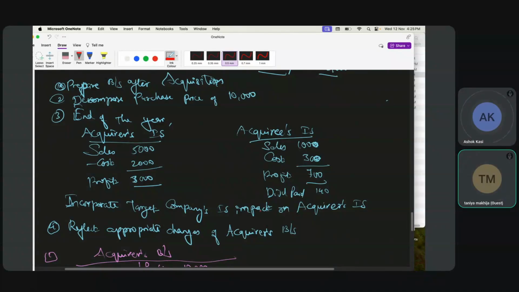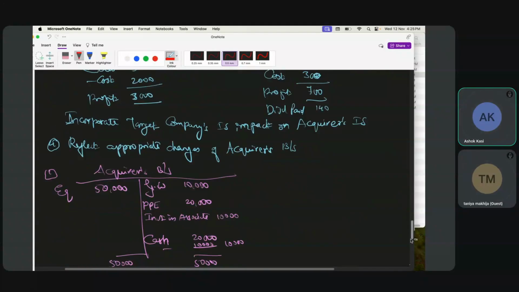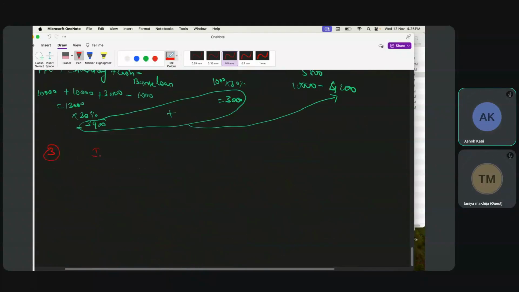Incorporate the target company's income statement. First we will write this as it is.